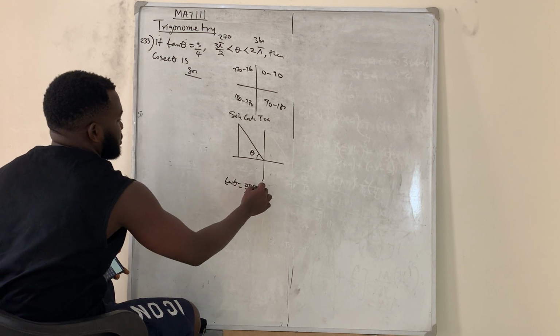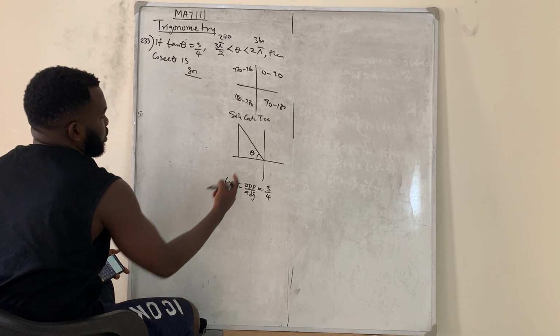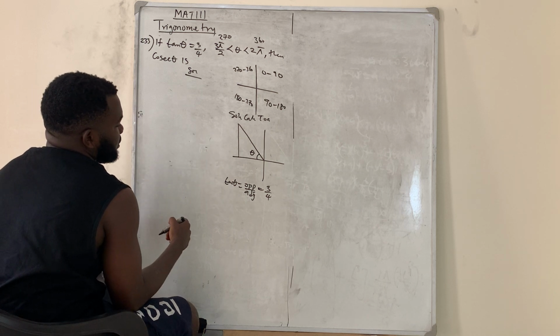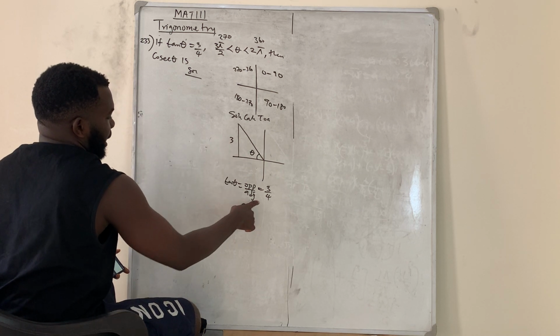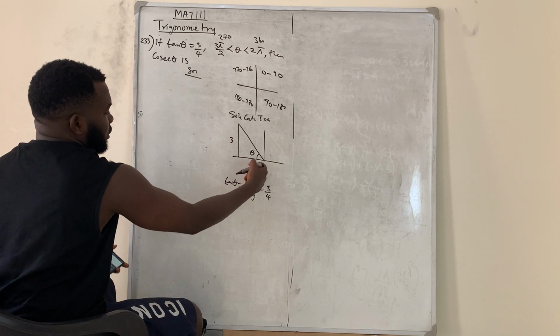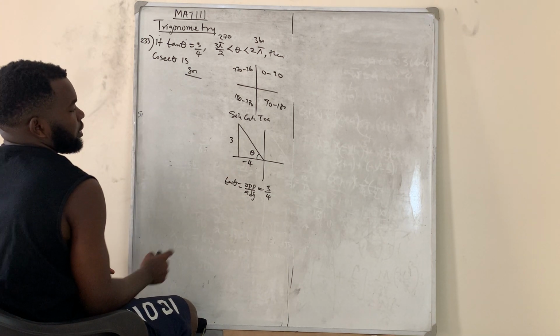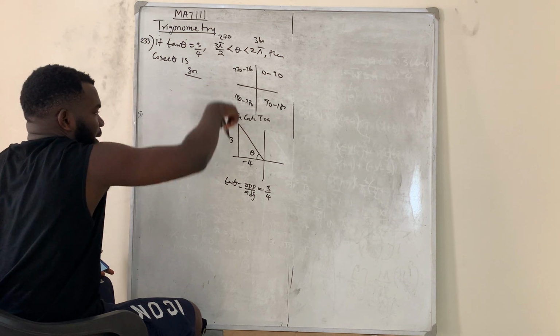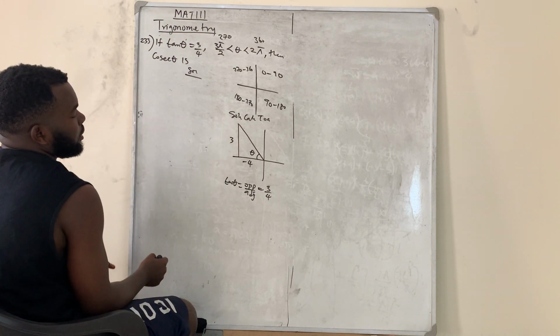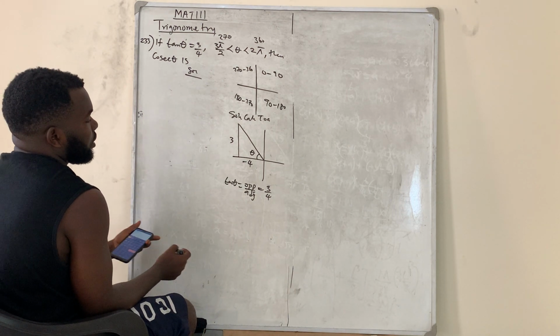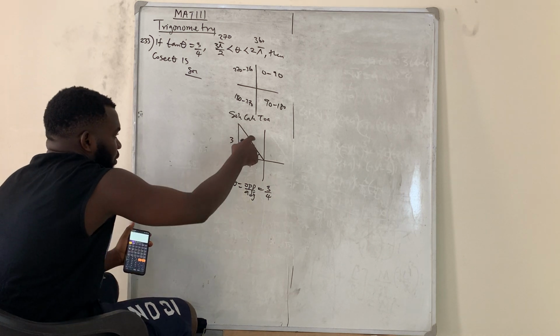They gave me 3 over 4, so my opposite is 3 and my adjacent is 4. But the 4 is on the left-hand side of x, so it's going to be minus 4. My 3 is in the positive y, so it is 3.